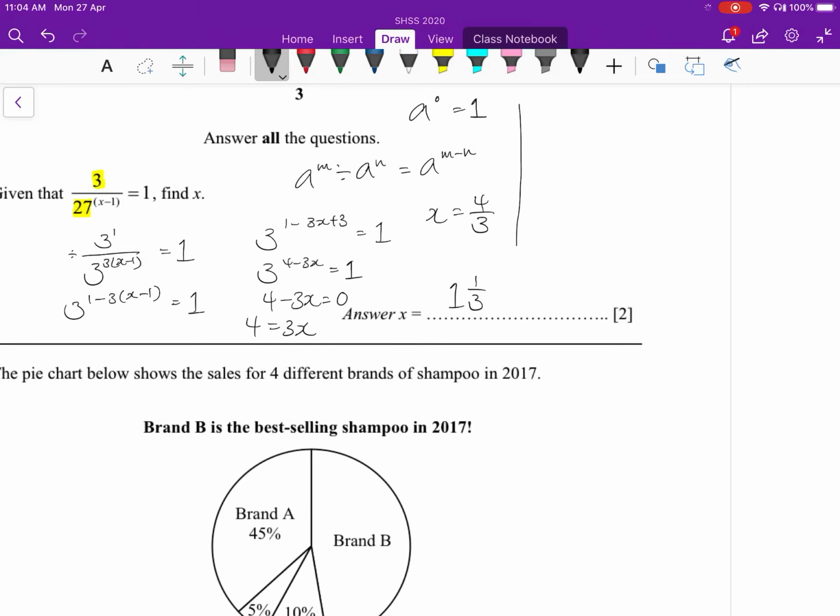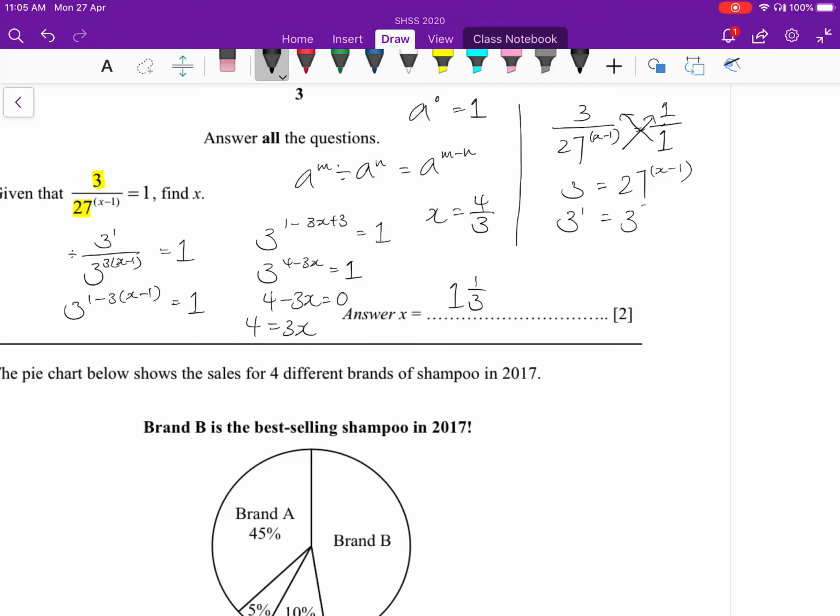We cross multiply. So we have 3 over 27 to the power of x minus 1 equals 1 over 1. Cross multiply, I'll get 3 equals 27 to the power of x minus 1. Even if I cross multiply, I still need to change to base 3.